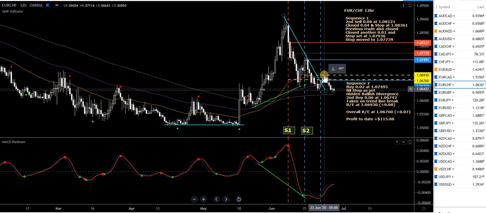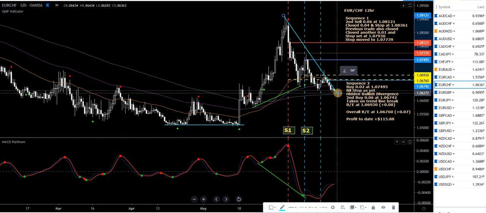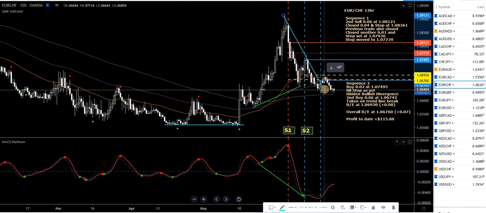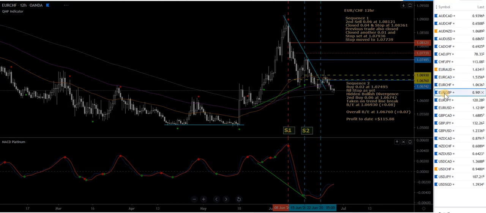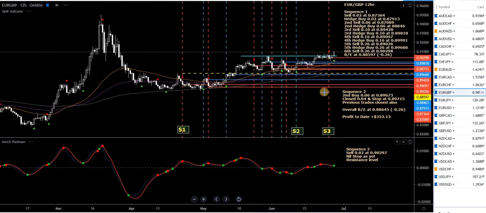I could possibly look at drawing another trend line or readjusting this trend line across these highs here and looking for a third buy. But at this stage, I'll just leave it there for now. But you know, you've got options. You just got to have a bit of a think. And the good thing about trading the higher time frames is you do get plenty of time to think. You can come up with different scenarios, so it makes a lot of sense.